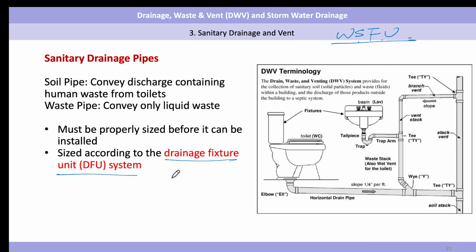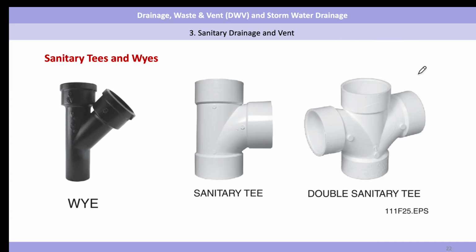So the unit doesn't mean the plumbing fixture number. That is just a unit number to help us find the appropriate pipe size. Like sanitary T and Y, so usually we use them in the drainage system, Y, sanitary T, and double sanitary T. And that one is the same as a 4-way cross.